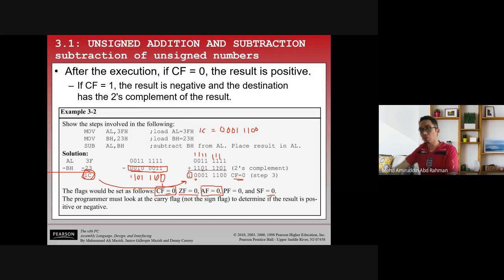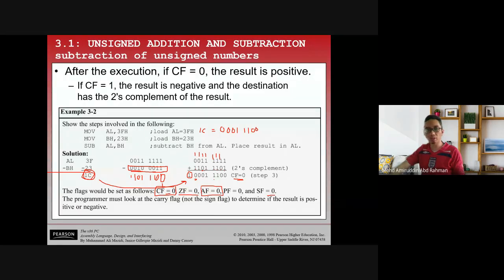So from what we read, we don't have any carry, so that's why our CF is 0, and also we don't have any carry from D3 to D4 as well, so AF is also 0. Of course the ZF is 0, and the parity flag depends on the number of ones.